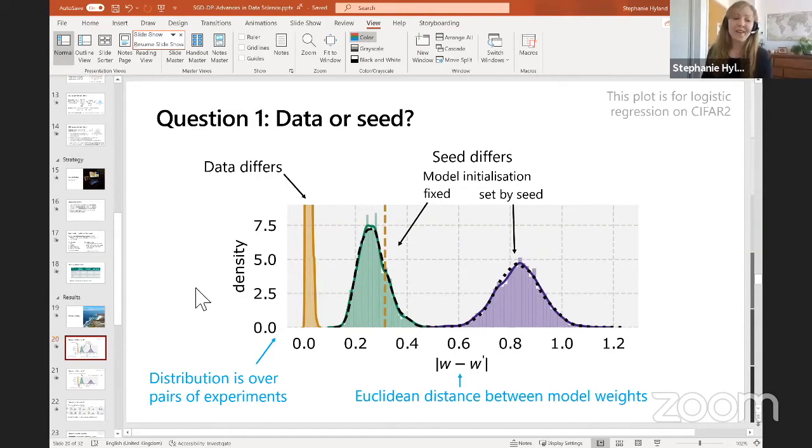What we can see immediately is, and sorry, what I'm actually plotting is the L2 distance between the model weights. So this is like our notion of sensitivity when we change the data. What we see immediately is that when we change the data but fix the seed, the difference in our model weights is much smaller than what happens when we change the seed, which is roughly what our initial intuition was, but we really wanted to formalize this.